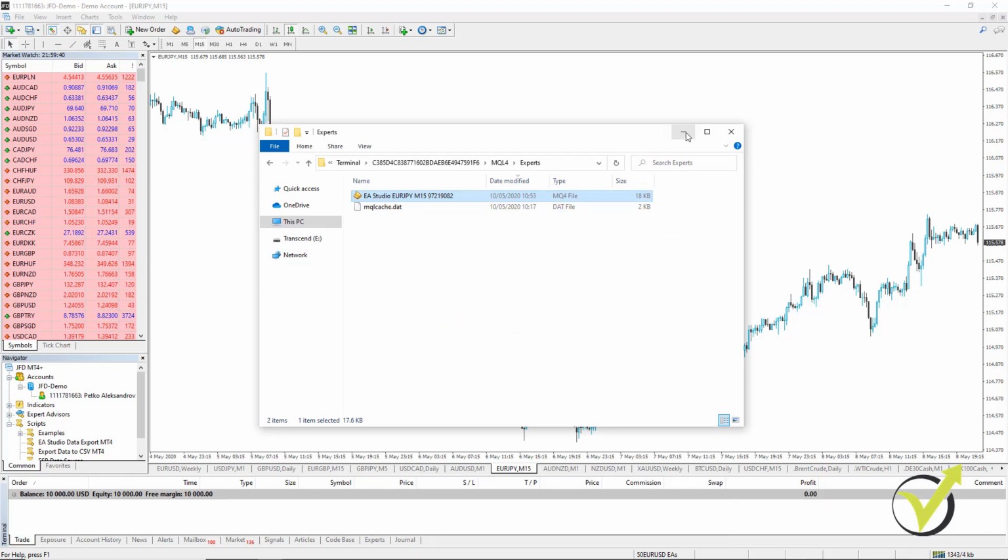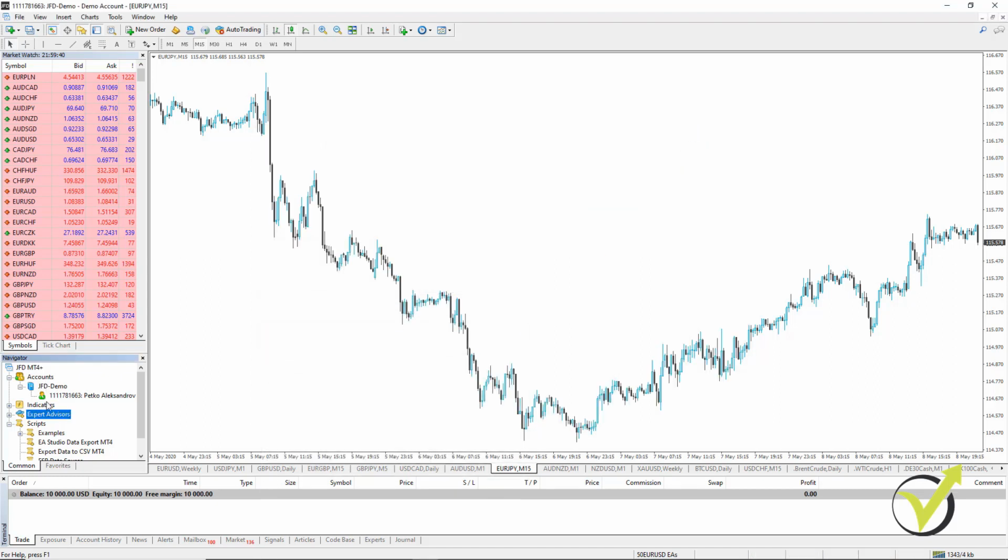So this is the unique thing with EA Studio, that with one click we can export any strategy as an expert advisor and trade it automatically in MetaTrader. After that, I will click right mouse on expert advisor, stop, refresh, and it will display the expert advisor below.